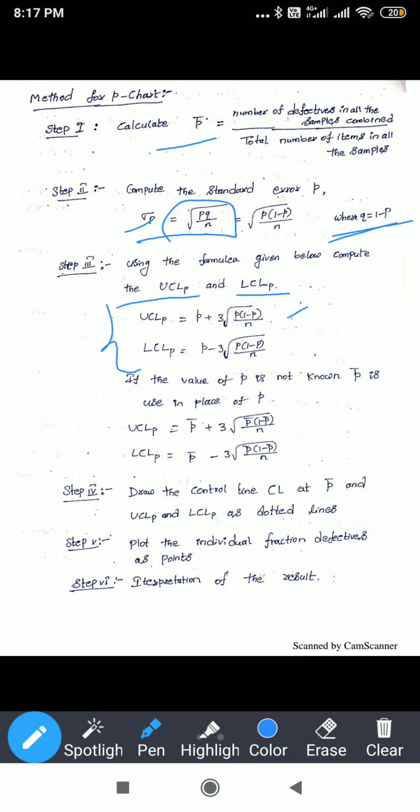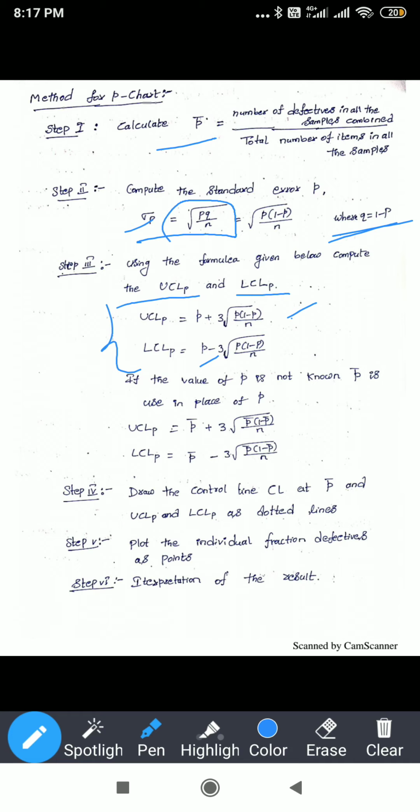One is P plus 3 into square root of P times (1 minus P) by N, and instead of plus, we use minus for the lower control limit.